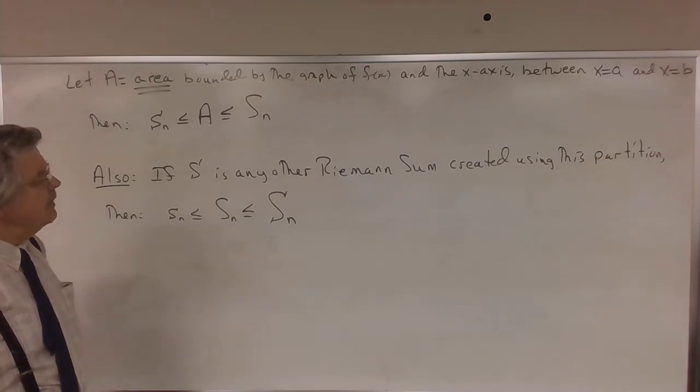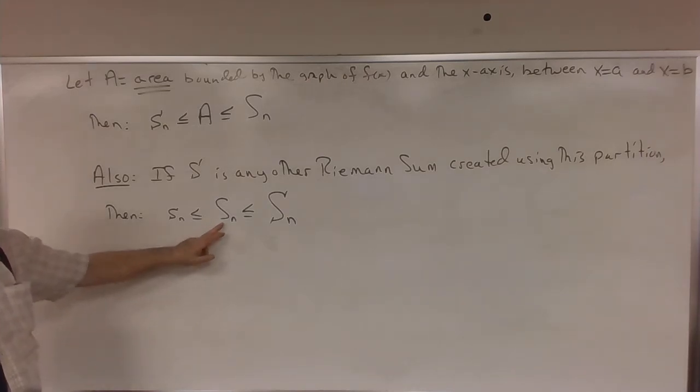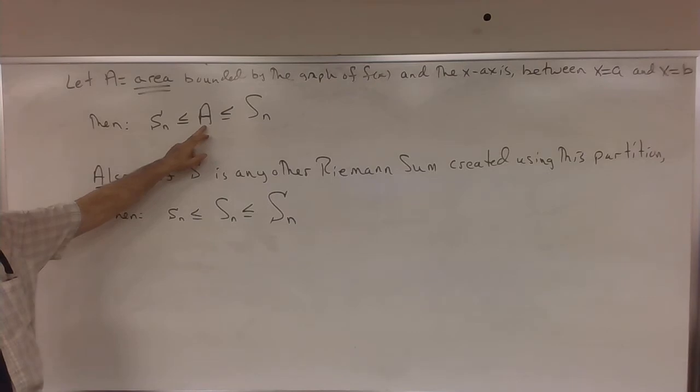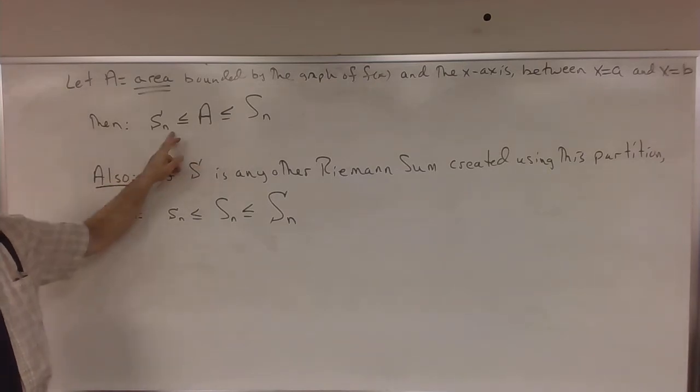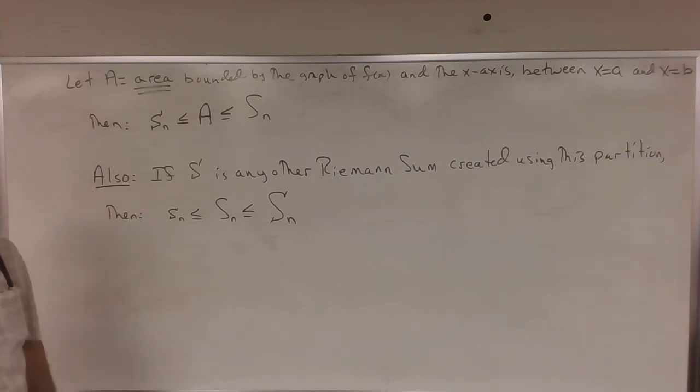So the lower and upper Riemann sums form bounds for the values of all Riemann sums, and they form an upper and lower bound for the area bounded by the graph and the x-axis.